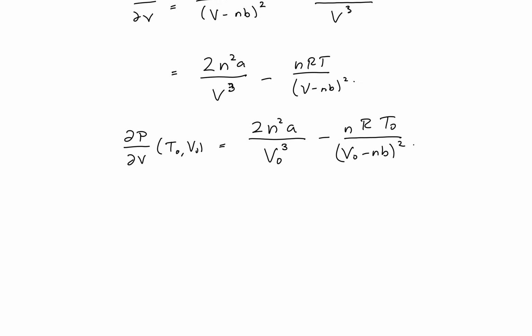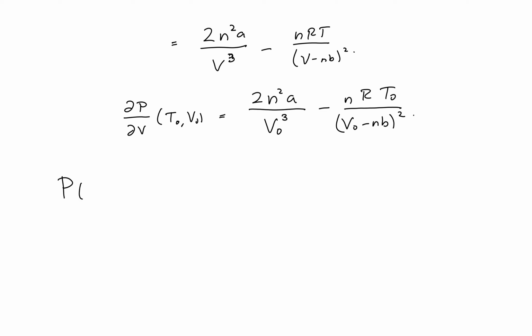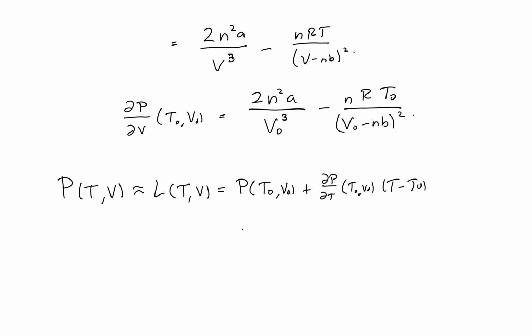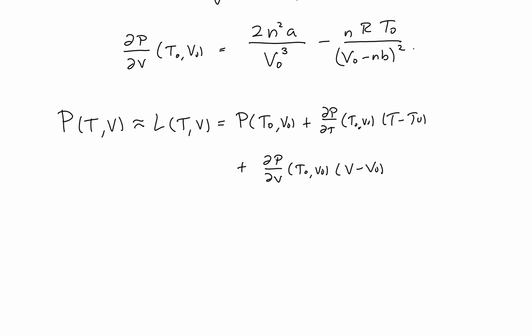And so when we write our tangent plane approximation, the pressure here is approximately our tangent plane, which is L of T, V, and this is P(T0, V0) plus ∂P/∂T at (T0, V0) times (T minus T0) plus ∂P/∂V at (T0, V0) times (V minus V0). And so what I can do now is take this term and bring it to the other side.